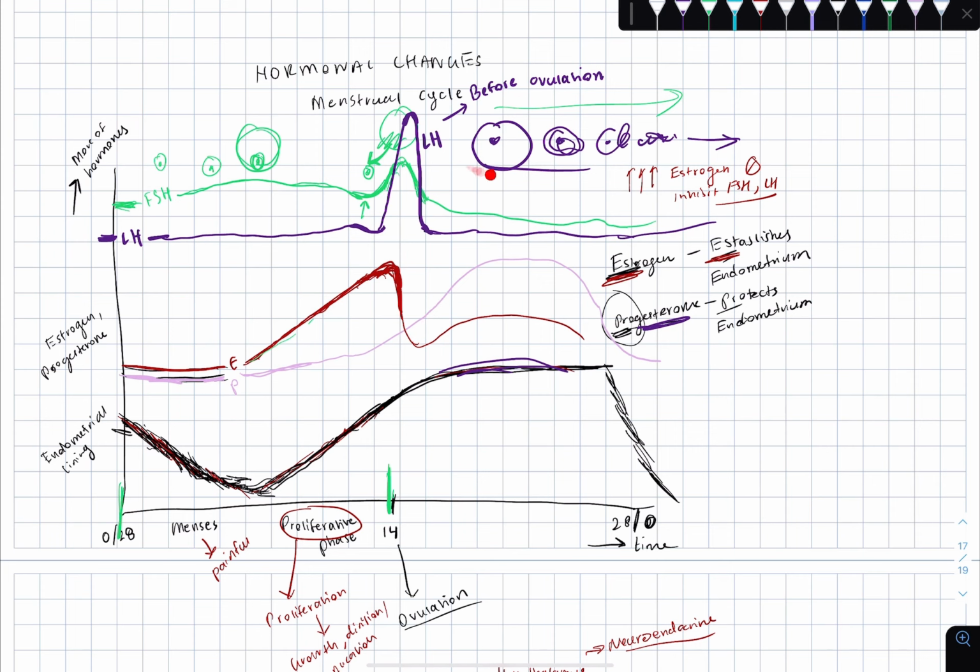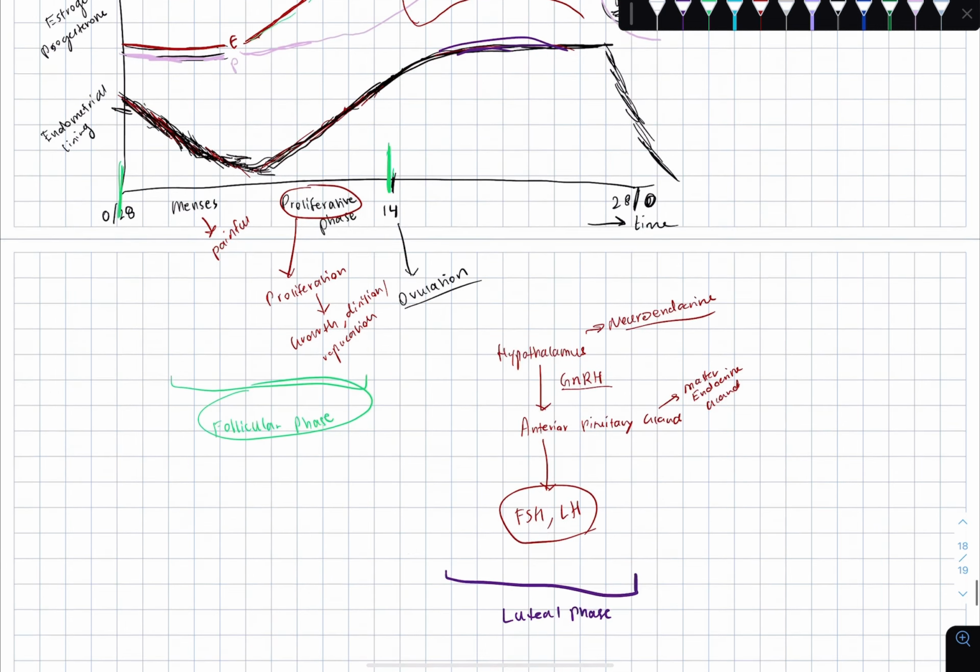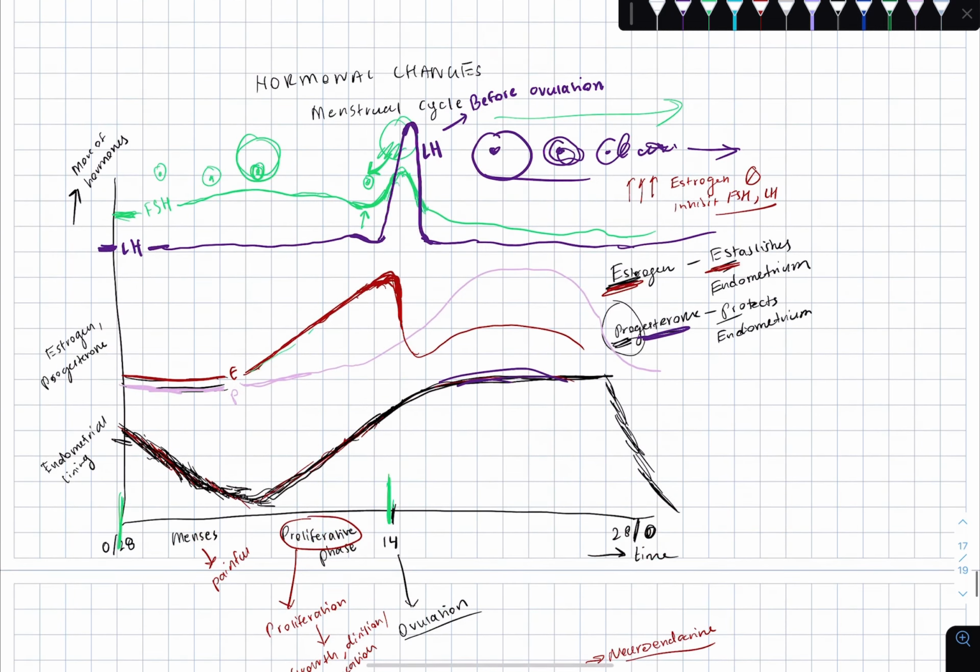To tie it in to the luteal phase, like I said, the corpus luteum releases a lot of progesterone to get the endometrium prepared in case of implantation. So that's why we see, as the corpus luteum is forming, an increase in progesterone until we have our menses again, and then the whole cycle happens.